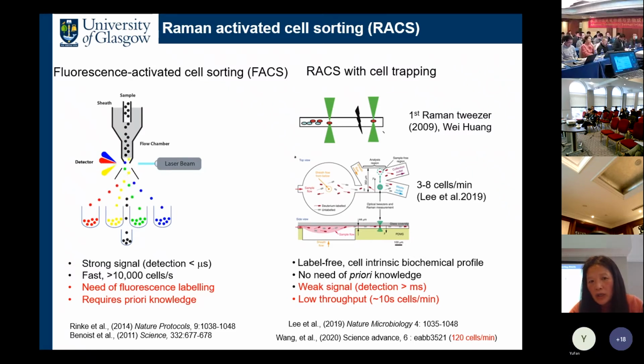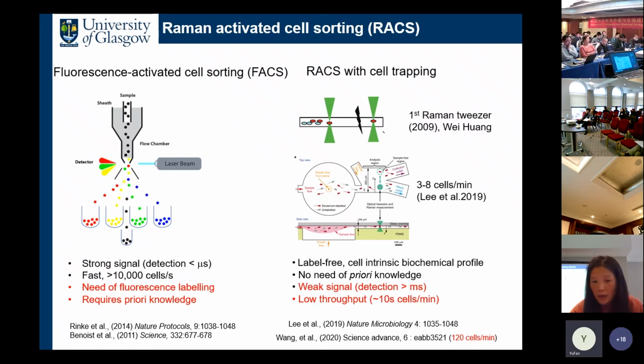So wouldn't it be good if we use the Raman spectrum as a readout, but sort cells in a similar manner as FACS? I also mentioned that spontaneous Raman is quite weak, which means it's quite a challenge to detect it when cells are in flow. So originally, the first Raman-activated cell sorting was done through optical trapping, and since then, there have been several developments in this field.